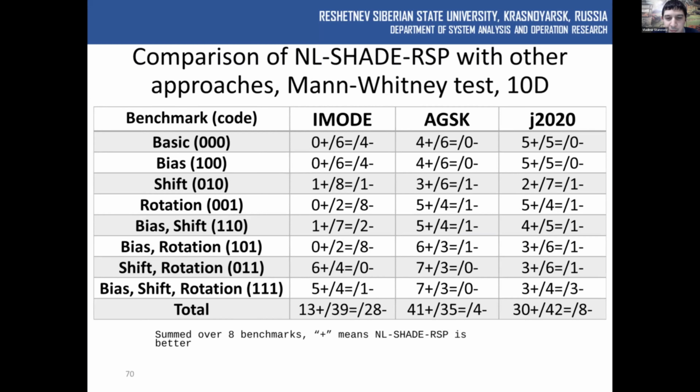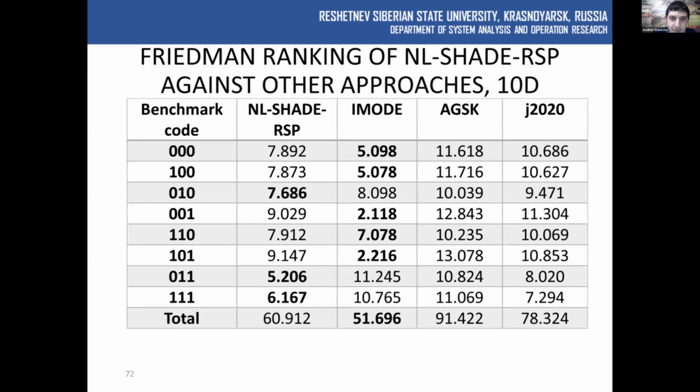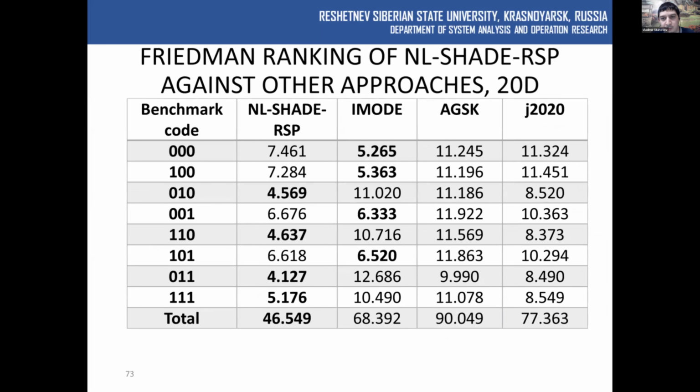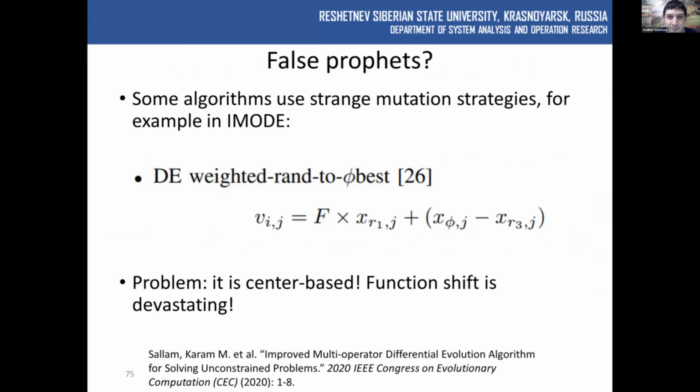And you can see most are pluses, except for maybe some cases for IMODE. This is a 10-dimensional case; in the 20-dimensional case, it is mostly better here. Also some Friedman ranking of the same algorithms, and you can see in the 10-dimensional case IMODE is better, but in the 20-dimensional case it is not. And the final ranking of 2021 was that NL-SHADE-RSP had the first place. This was the first victory of this algorithm.